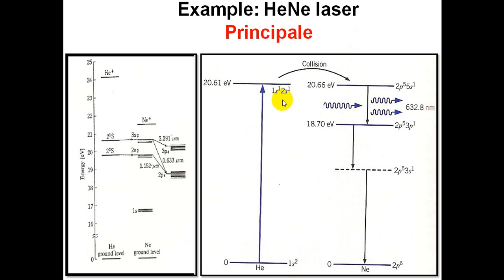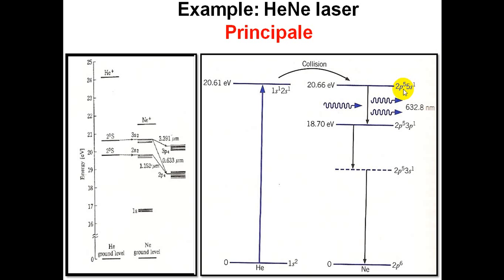Helium atoms in the 1s1 2s1 state excite neon atoms from the ground state to the 2p5 5s1 excited state respectively and return to the ground state.